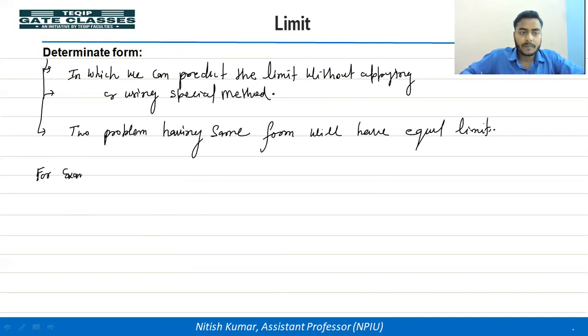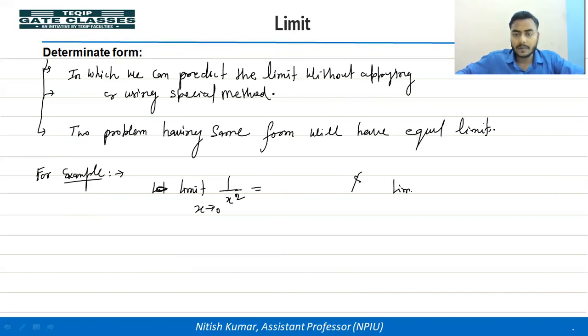Let's see a few examples. The limit as x goes to 0 of 1 by x square, and another one, the limit as x goes to 0 of 1 by x to the power 4.